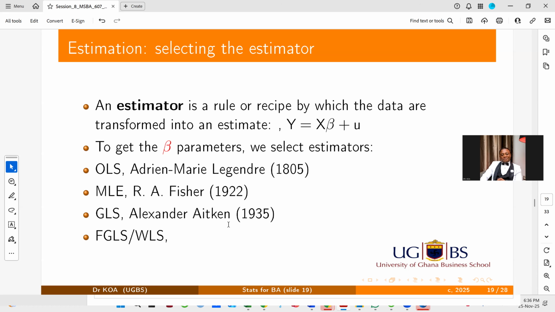Then there is feasible generalized least squares, also sometimes called weighted least squares, WLS. So these are all methods that you can use to estimate the coefficient.